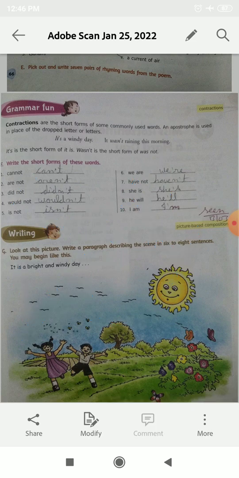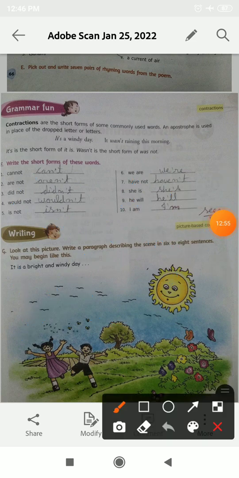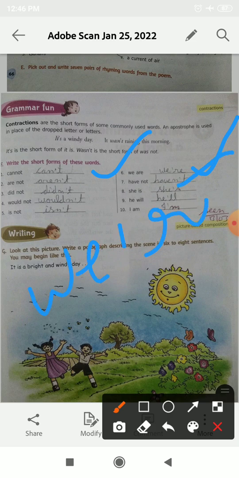Now next number, that is number 6. And here the sixth word is we are. And the short form of we are is we, apostrophe mark, re. Okay, this is the spelling and short form of we are.